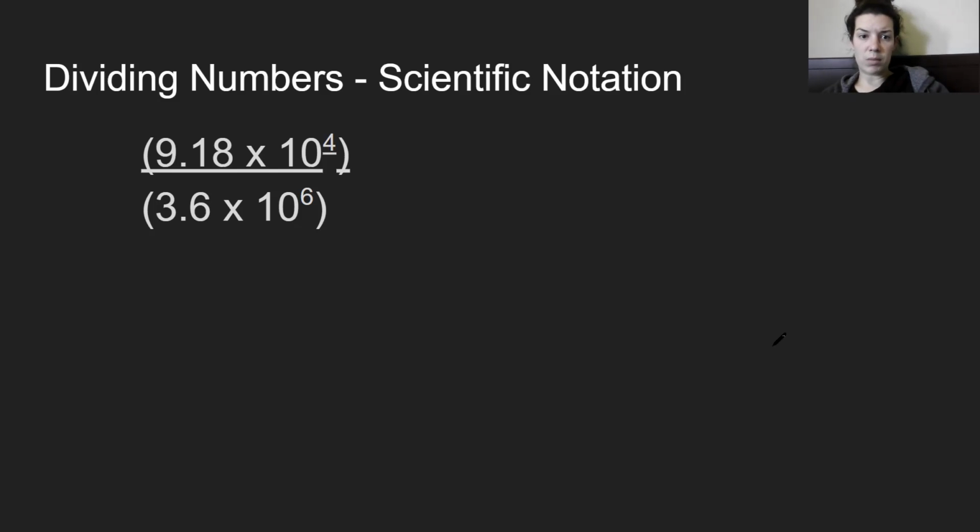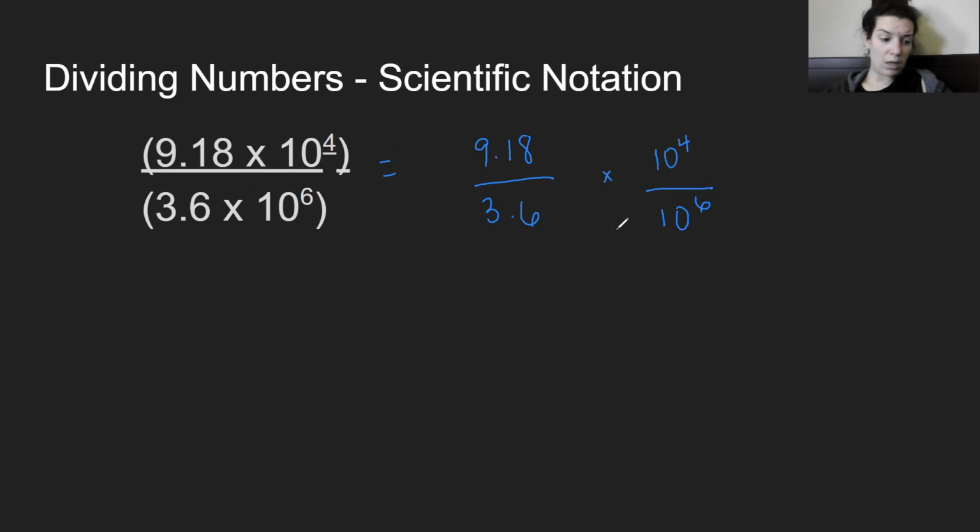So I can rewrite this as 9.18 divided by 3.6 times 10 to the fourth divided by 10 to the sixth. All I did was split this down the middle, which I can do because everything is multiplied against each other.